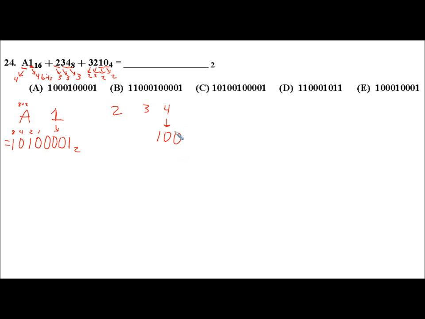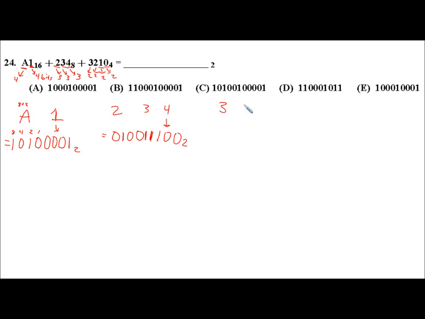Again, because we have the units place, the 2's place, and the 4's place. 3 is 2 plus 1, so we can have a 1, a 2, and no 4's. Kind of reading that right to left, because we want to do place value here. So 2, again, is no quantities of 1, 1 quantity of 2, and no quantities of 4. So this, again, is 234 base 8 in binary.